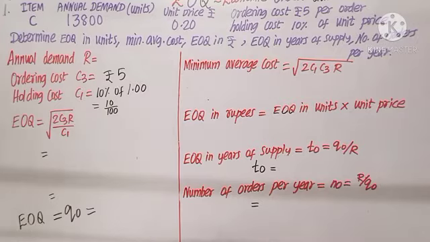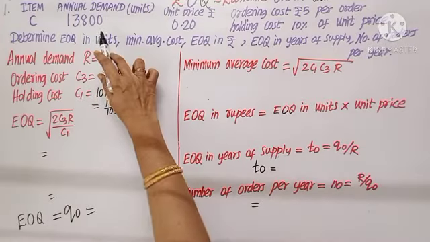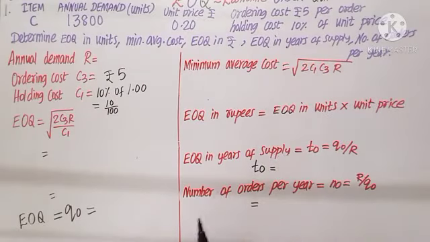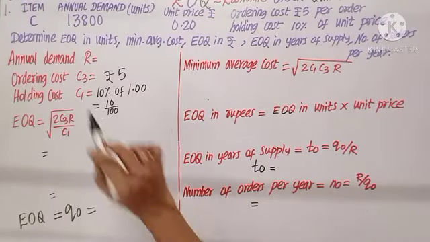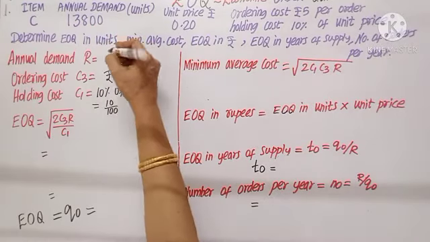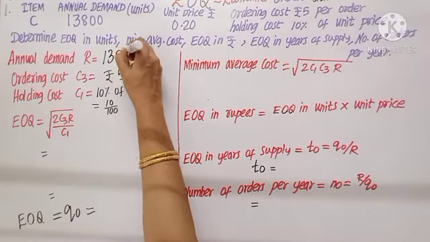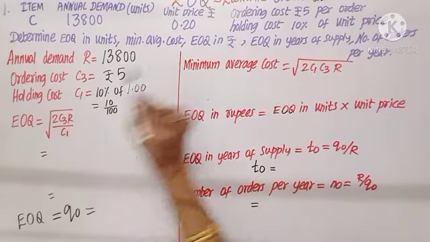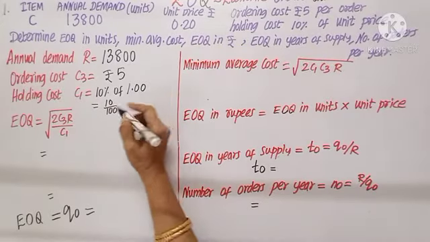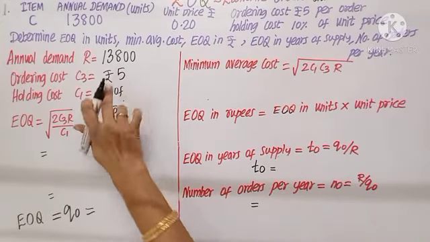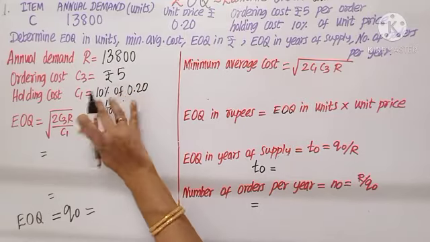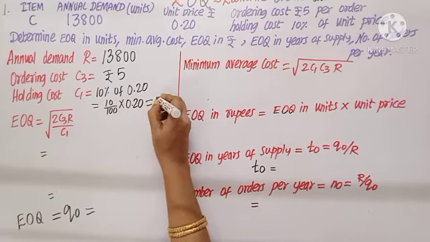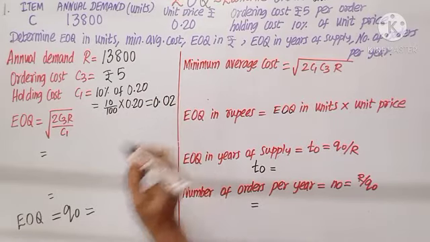Question number 1. Item C, annual demand 13,800. Unit price 0.20. The remaining two as in the previous section. R, the requirements, we write from the demand, which is 13,800. C3, the ordering cost, is 5 and holding cost is 10% of unit price. 10% of 0.20, or 10 by 100 into 0.20, that is 0.02.